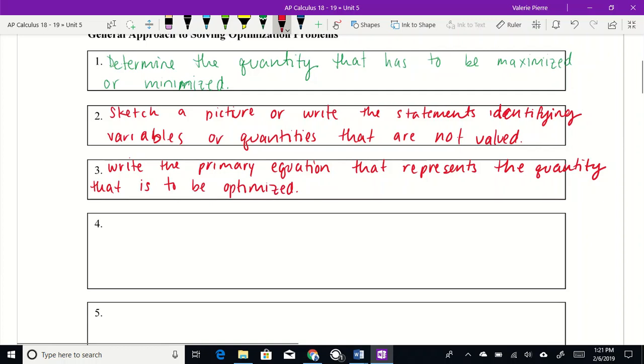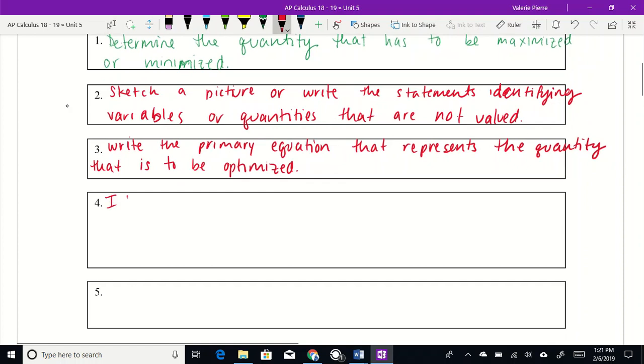Right, so if I'm trying to optimize volume, I need to write the equation for volume of that shape. If I'm trying to optimize area, I need to write the equation for area of that shape. If I'm trying to optimize distance, I need the equation for distance, so on and so forth.